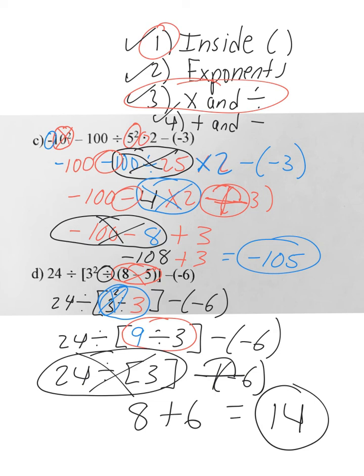So it just happened to be the case in the video here that division was further to the left, but you could of course have multiplication come first if that's further to the left, and then you would tackle that first before division. Same rule applies for addition and subtraction. Whichever one is further to the left takes precedence over the other.